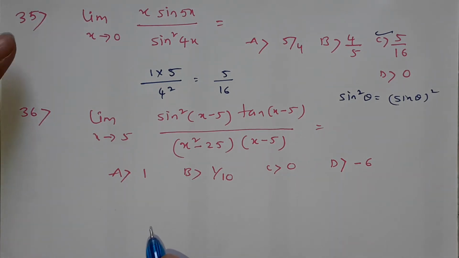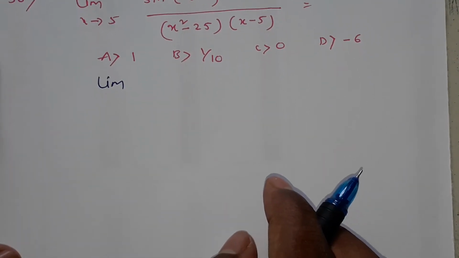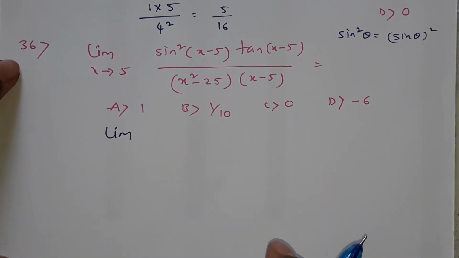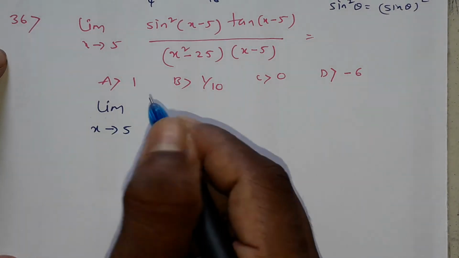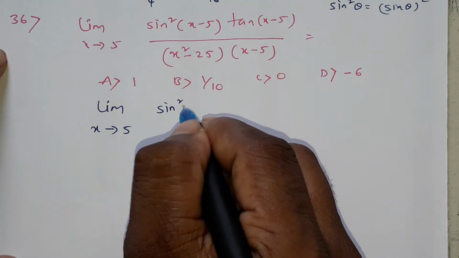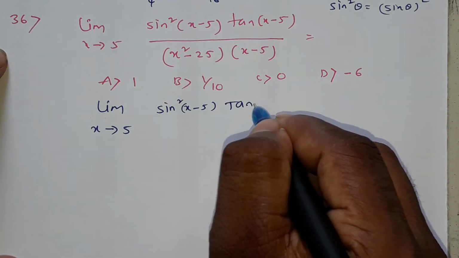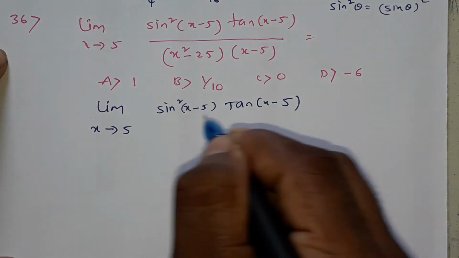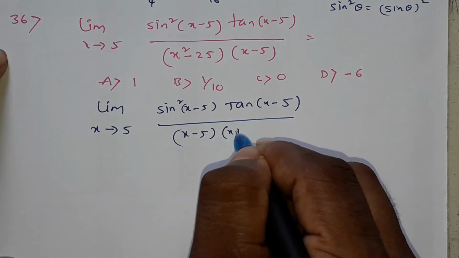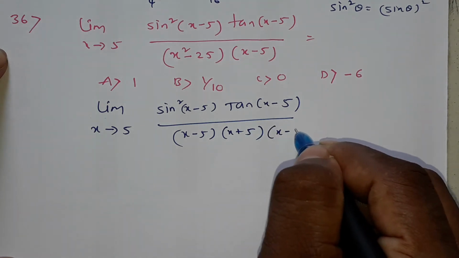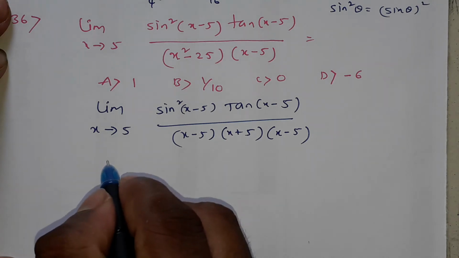Observe: limit x tends to 5 of sin square x minus 5 into tan of x minus 5 by x minus 5 into x plus 5 into x minus 5, a square minus b square, 25 written as 5 square.